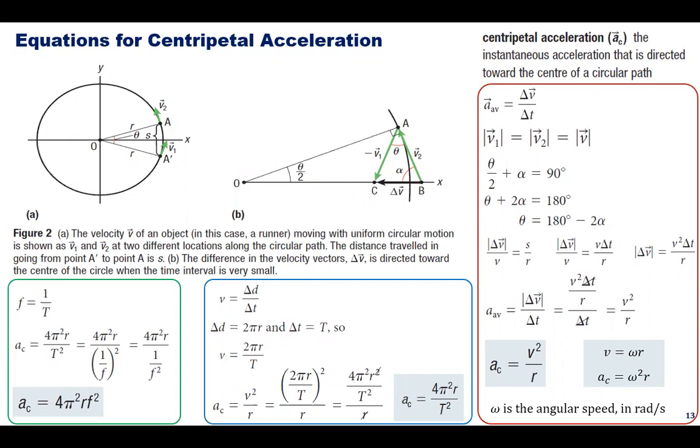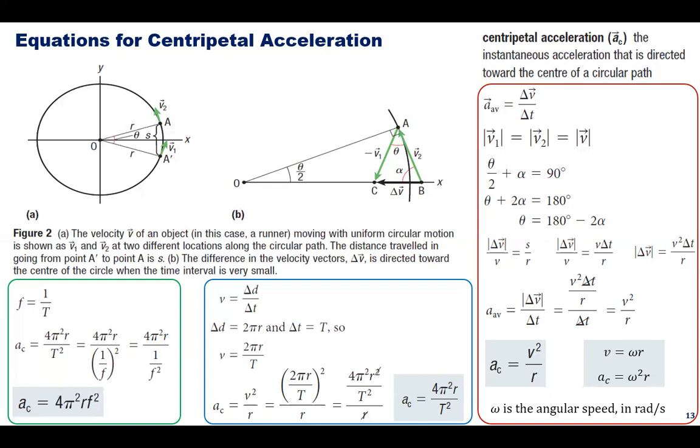The average acceleration equals the change in velocity delta v over the change in time delta t. For an object moving with uniform circular motion, the velocity changes direction continuously with time. So delta v is definitely not 0, right? Therefore, the centripetal acceleration is not 0 either.